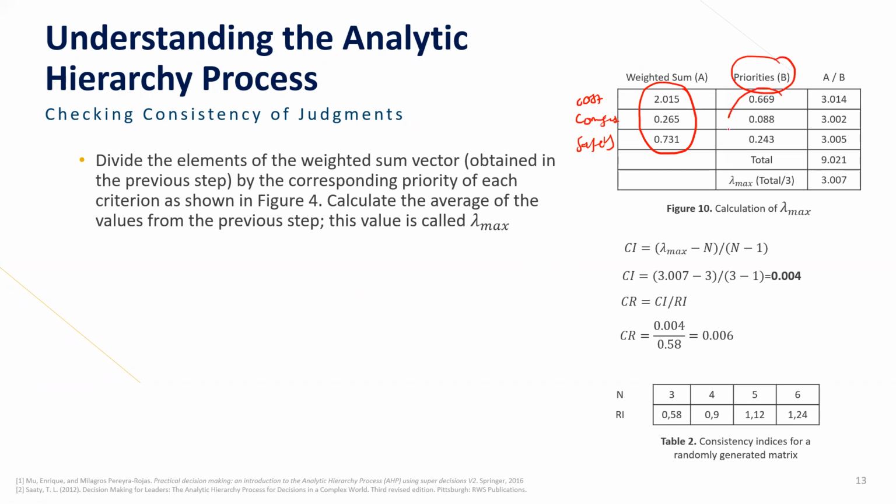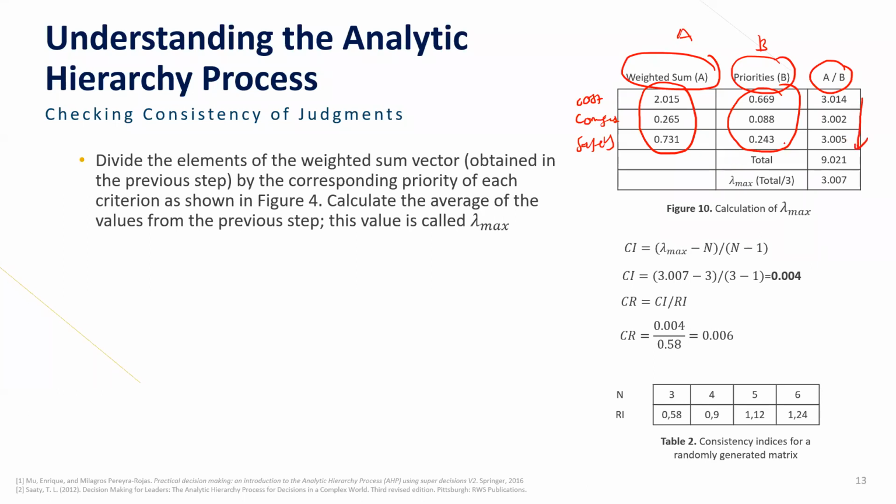And we put back the priority. For the cost, priority is 0.669. For comfort, priority is 0.088. Then you divide the weighted sum by the priority, A divided by B, and you get this one.